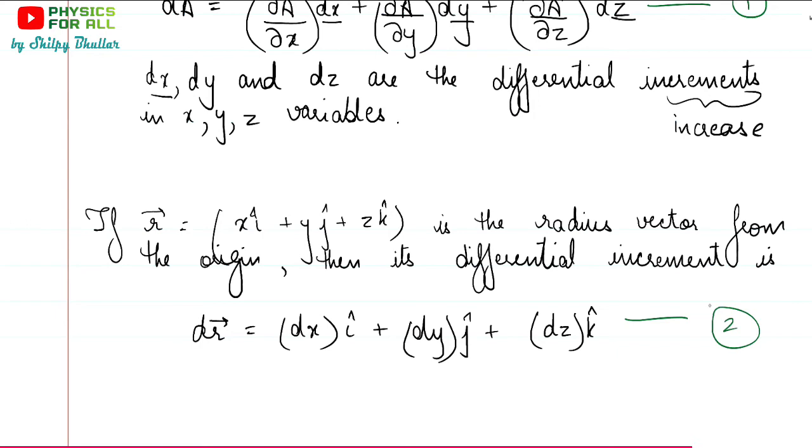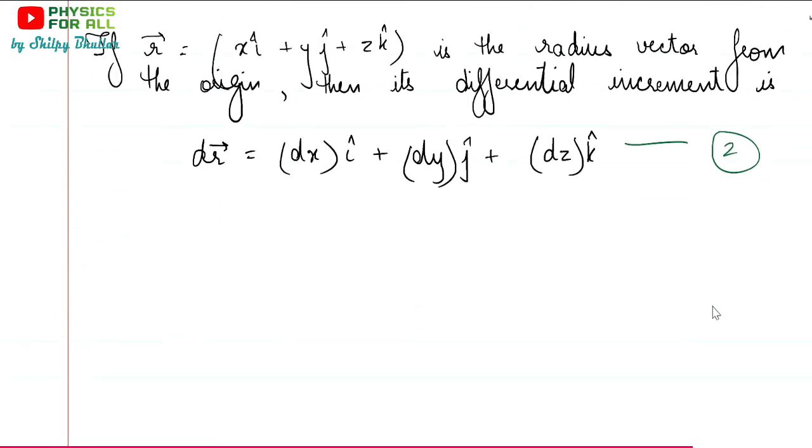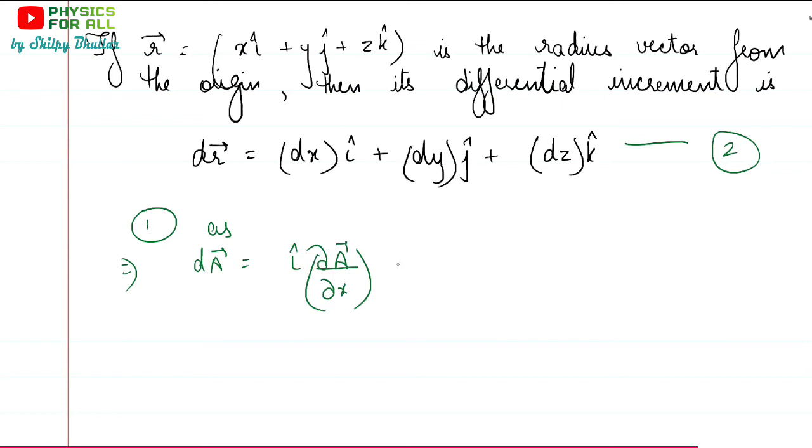Now what if I write equation 1 as dA is equal to, now I'm introducing i cap actually. Curly A by curly x was there, I have attached i cap. Curly A by curly y was there, but we have attached j cap now. And curly A by curly z was also there, but we are attaching k cap here.